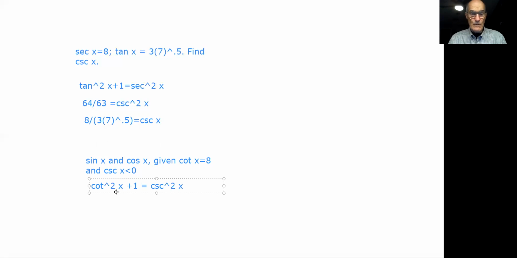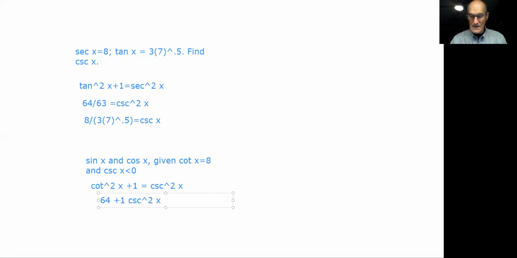Now, what I can see here is the cotangent of x is 8. So if I square that, that would be 64. So I have 64 plus 1 equals the cosecant squared of x.